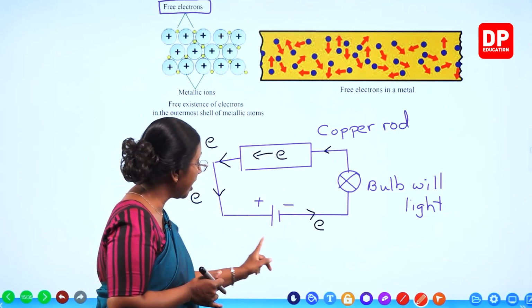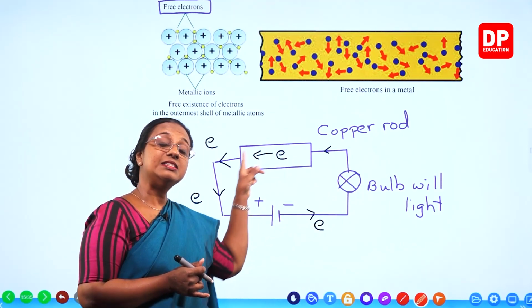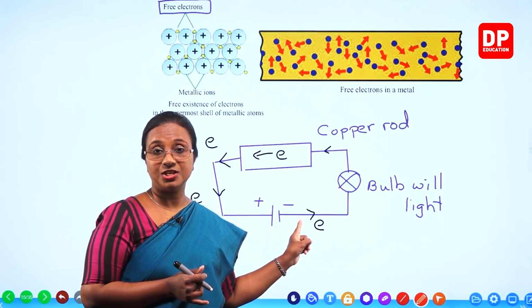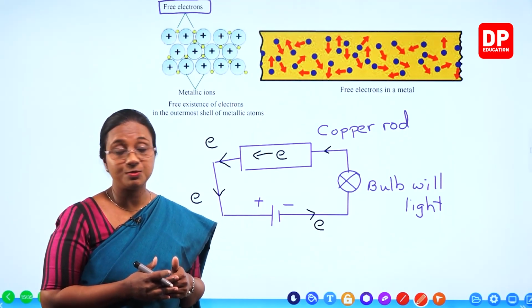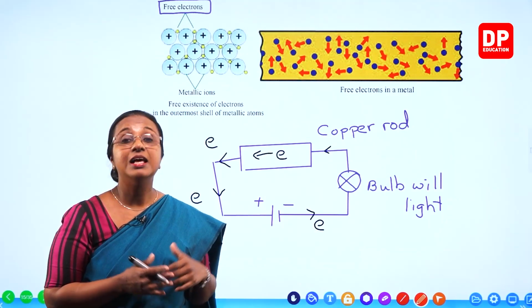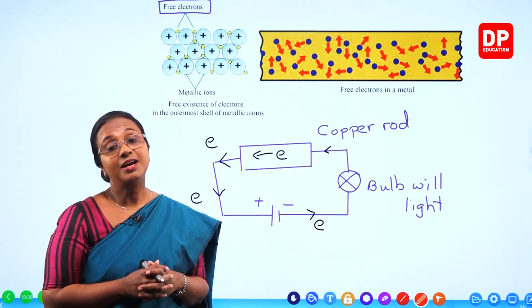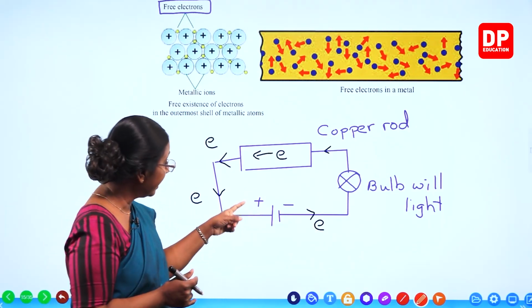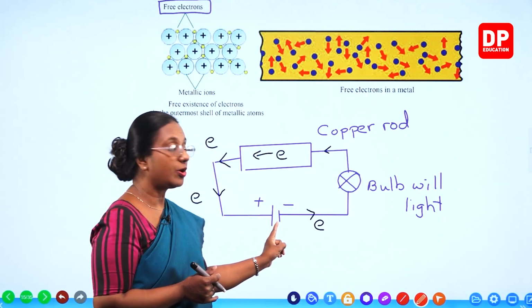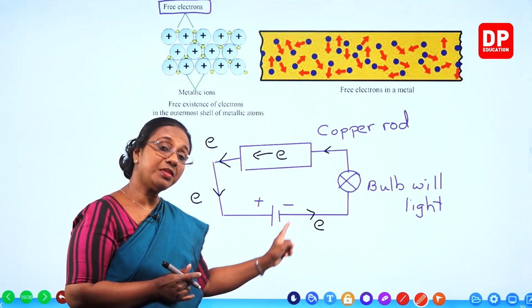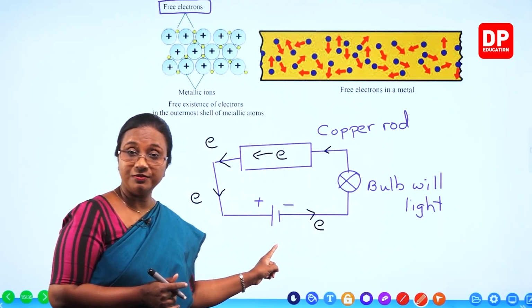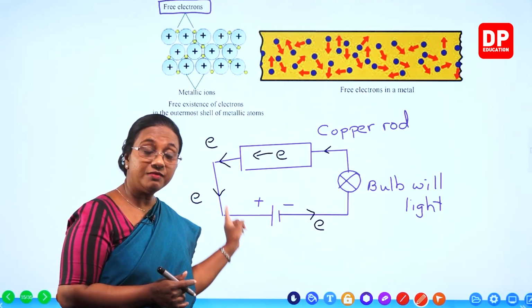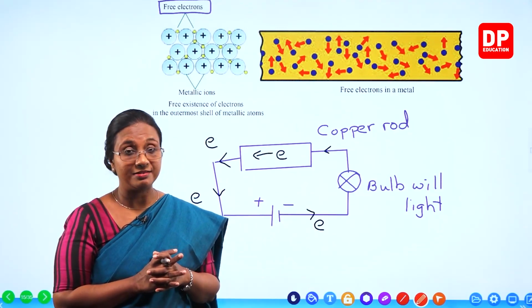Depending on how we connect the circuit, they start flowing in one direction. And that flow of electrons, that is negatively charged particles of a metal, is what we call current electricity. Electrons flow from the negative to the positive terminal of a battery, whereas current flows from the positive to the negative terminal of a battery.